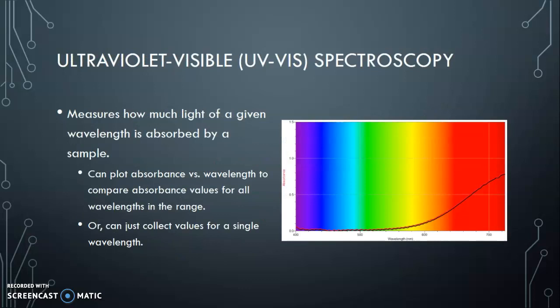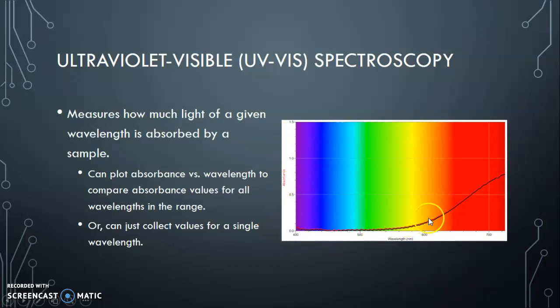So UV-Vis, or ultraviolet visible spectroscopy, is the one that we're going to be using. It measures how much light of a given wavelength is absorbed by a sample. So you can collect data about absorbance at all wavelengths, which is the plot that you see to the right here. It shows you wavelength on the x-axis, absorbance on the y-axis.